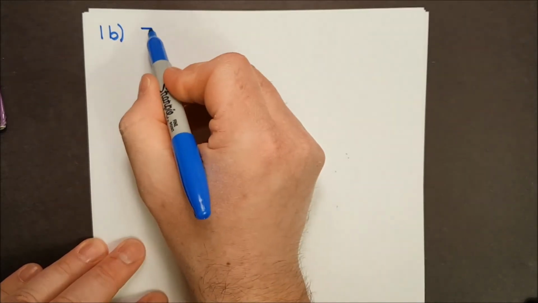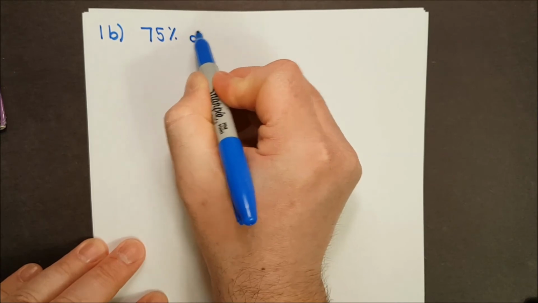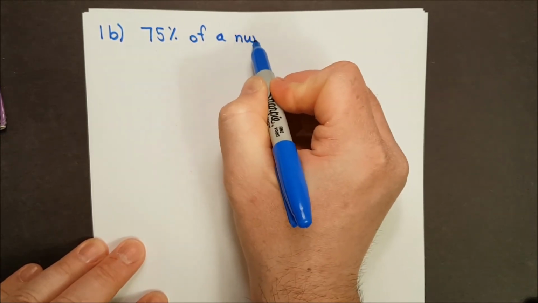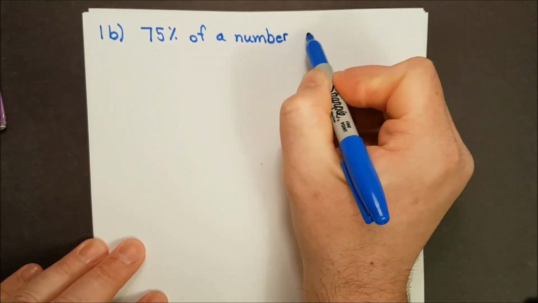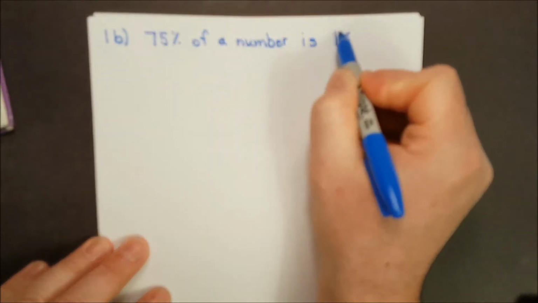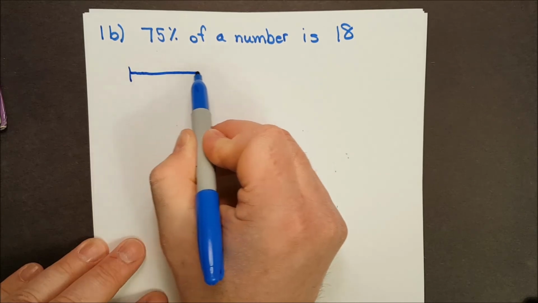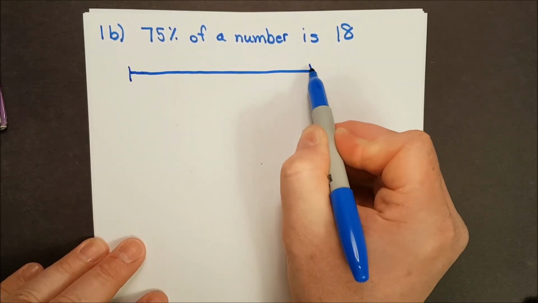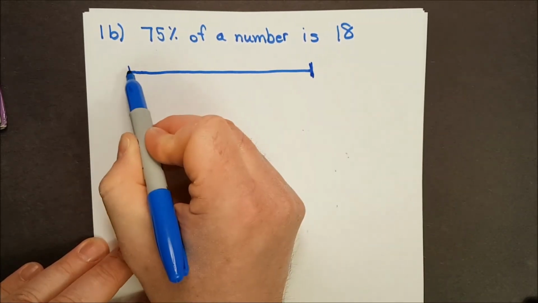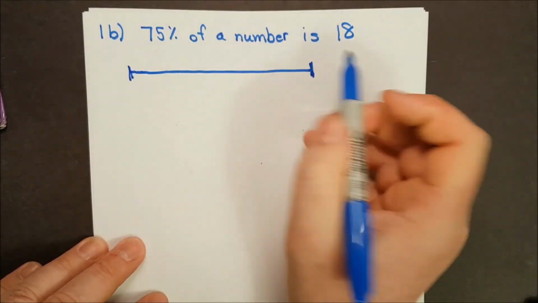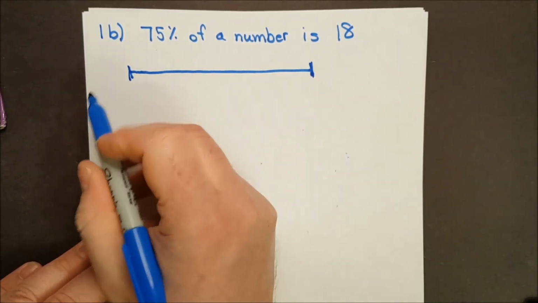It says 75% of a number is 18. Okay. Love diagrams. They really bring the problem to the forefront. All right, 75% of a number is 18.